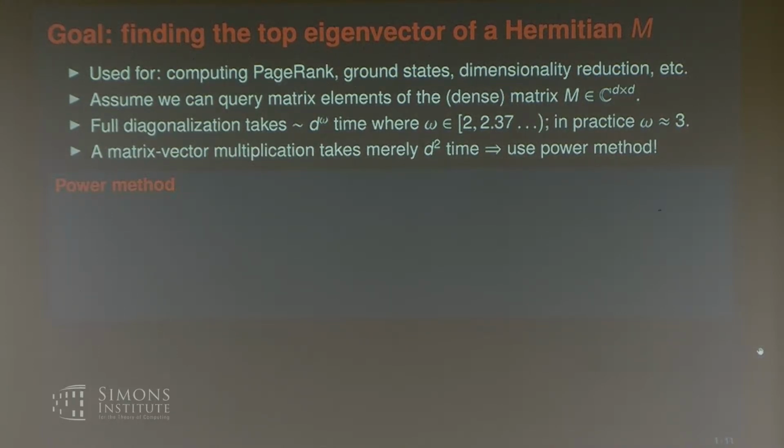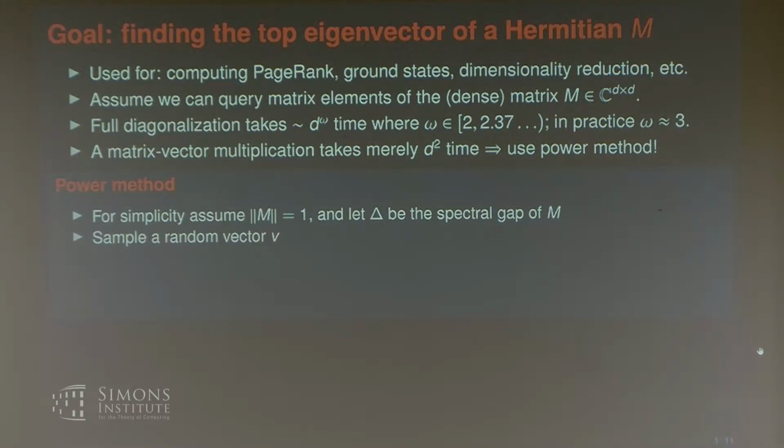And so here is just a sketch of the power method. It's a simple algorithm. And for concreteness and to compare numbers, we assume that the matrix has operator norm 1. And delta is the spectral gap below the top eigenvalue of this matrix. So how the power method goes, it just samples a random vector v, and something like 1 over the gap times iterates the following: it computes the matrix vector product Mv and updates the vector v.